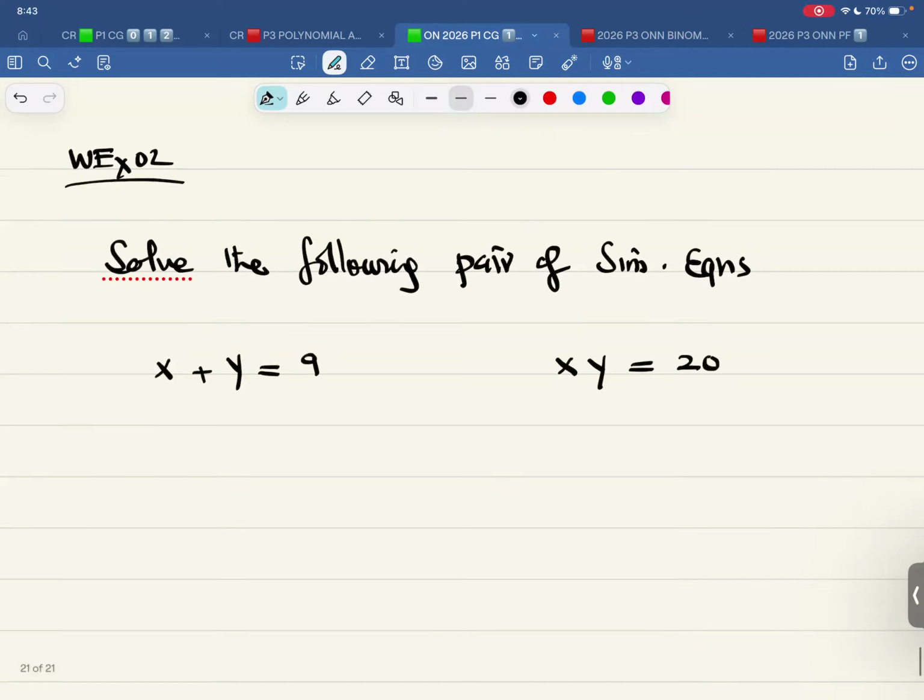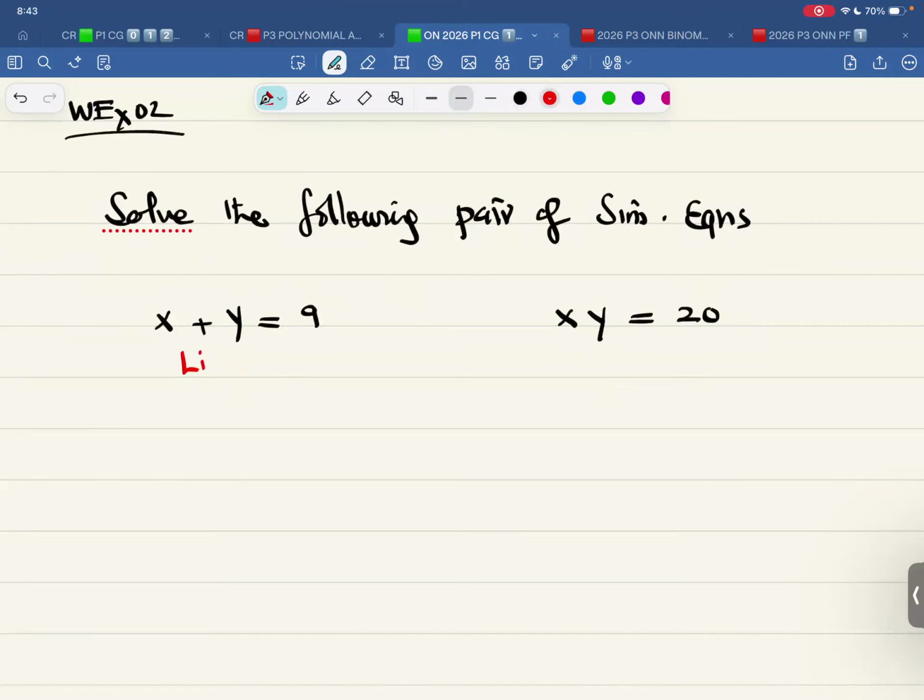This is a linear equation. This is a non-linear equation. How do I know it's linear? Because the power of x is 1, and there is a positive sign in the middle. So I can write it in the form y is equals to mx plus c. Even though the power of x is 1, there is a multiplication sign.